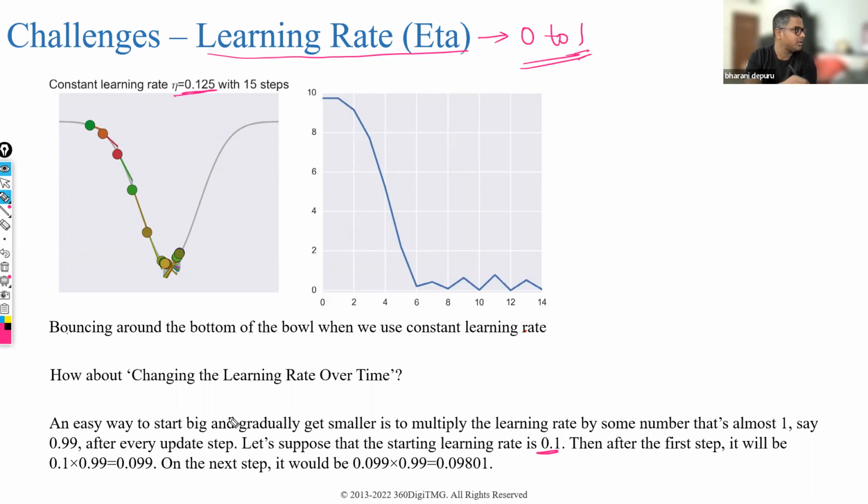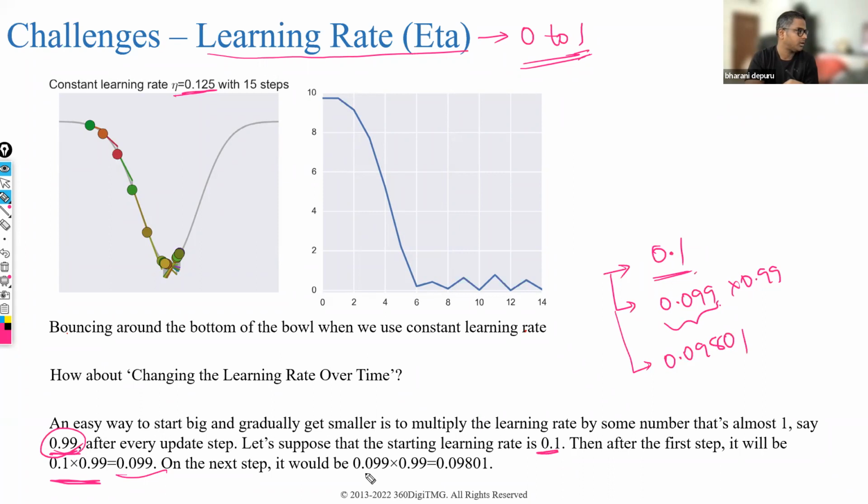Then at every step, multiply the learning rate with a value less than 1, like 0.99. Earlier the learning rate was 0.1 for one iteration. Now it has become 0.099. For the next step, again multiply with 0.99, and you get another value, 0.09801. Again for the next step, multiply it with 0.99. This is called changing the learning rate over time.